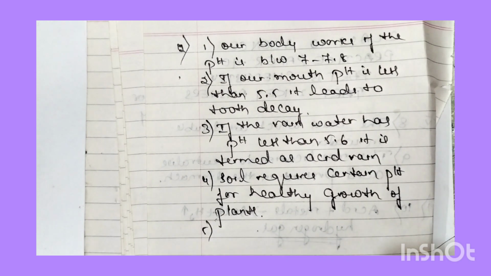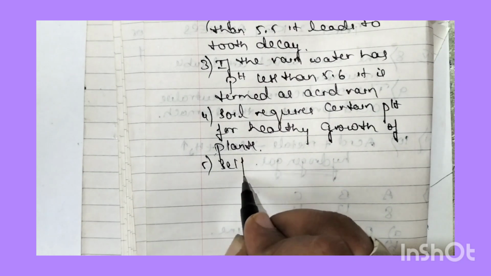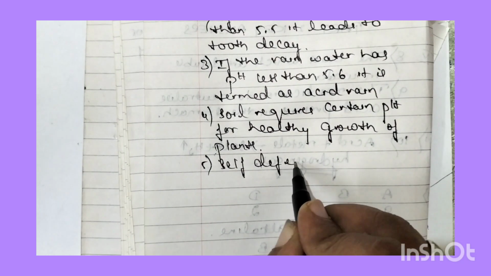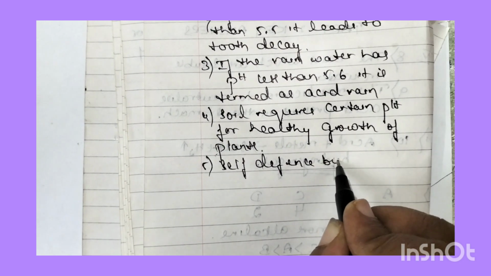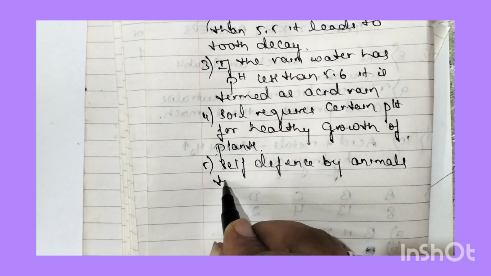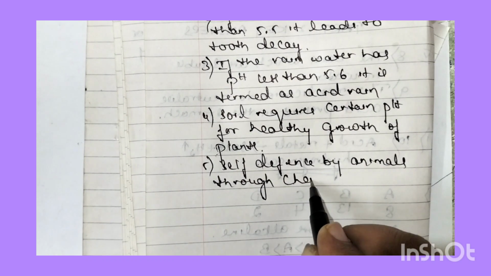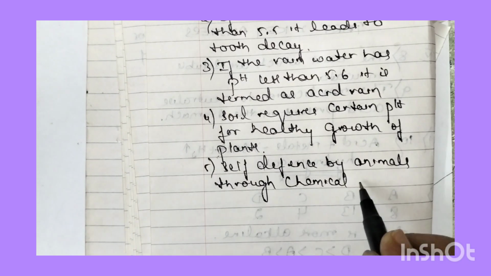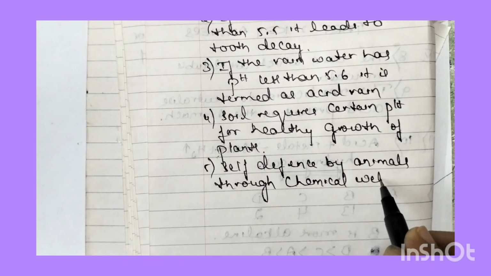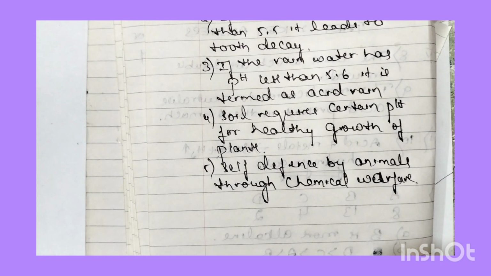Then self defense by animals through chemical warfare. So these are the uses of pH in our everyday life.